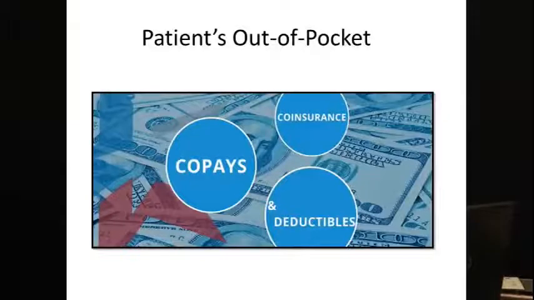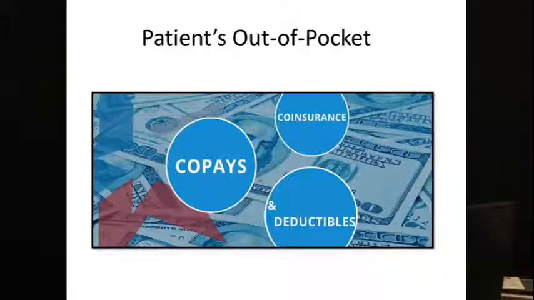Okay? So I want to talk about the patient's out-of-pocket. This is any money that the patient is going to be paying themselves out of pocket, either for the services or for the insurance. And we're going to talk about the difference of that.